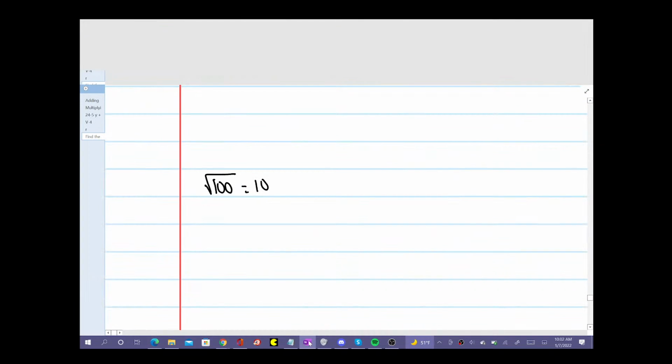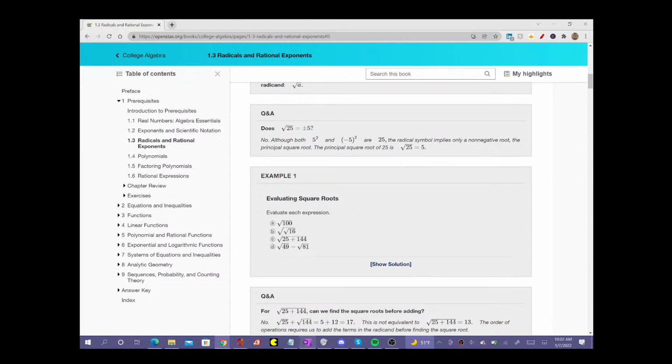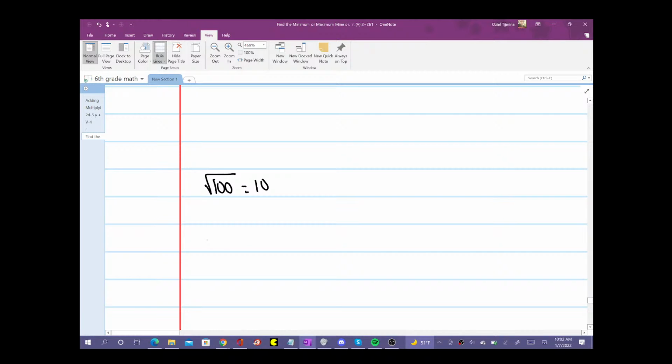The square root of 16, actually, hold on. The square root of the square root of 16 is really the square root of whatever the square root of 16 is.